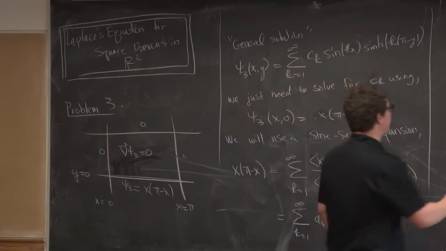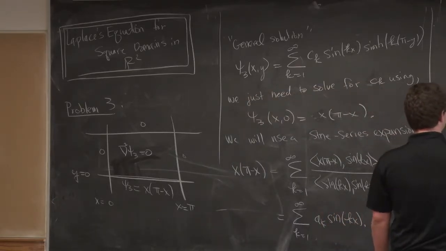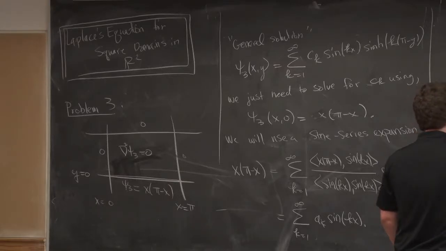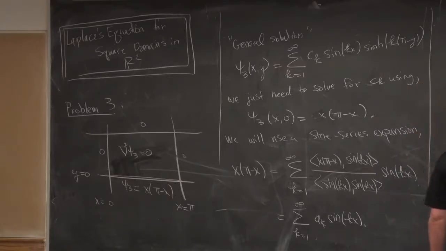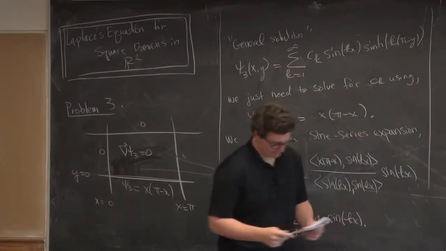All together, if we integrate the top one, it becomes 0 if k is even, and 8 over pi times (2j plus 1) cubed if k is odd, k equal to 2j plus 1.